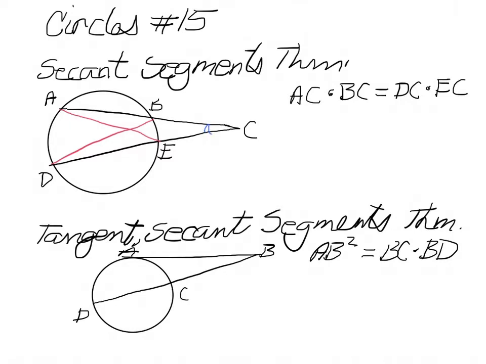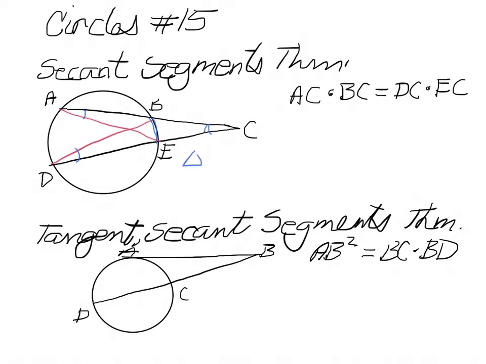And angle A and angle D are equal because they are both equal to half of the same arc, BC. Because that is true, the triangles are similar, and therefore we can set up correspondences.